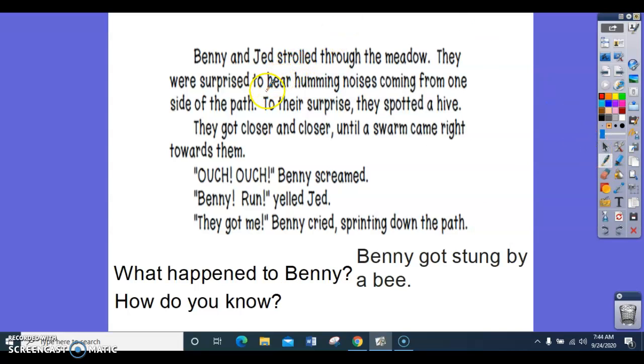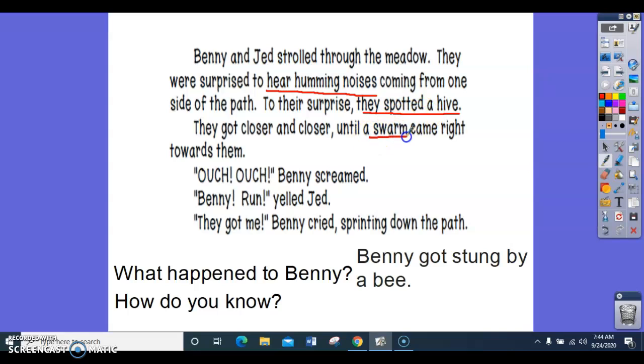First of all, hearing humming noises was my first clue from the text. And what I know about my background noises is that bees kind of make a humming noise, right? Yeah. But then they spotted a hive. Where does bees live? They live in hives, right? What does bees do when they're all together?